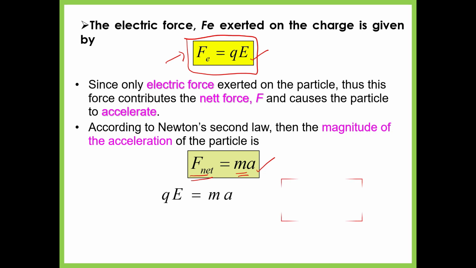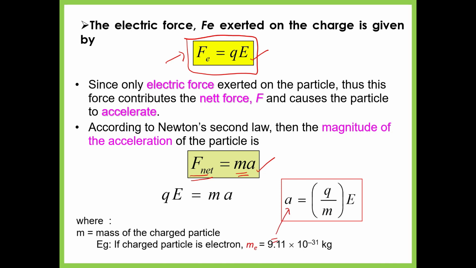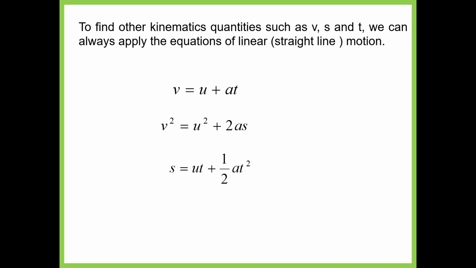So we equate the two terms, and finally we can get the acceleration, A, equal to Q over M times the electric field. Q is the magnitude of charge. We can also apply the three kinematic equations to find the velocity, initial velocity, time, and also displacement for the charge that is moving parallel to the field, as explained just now.